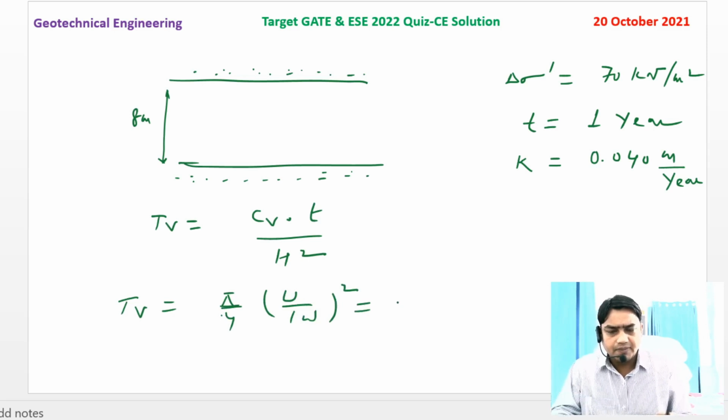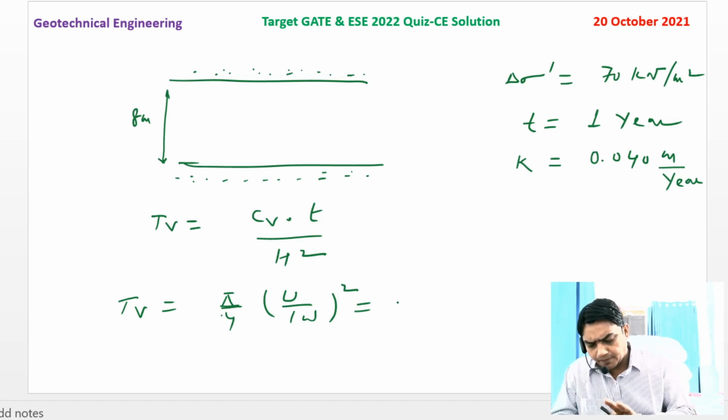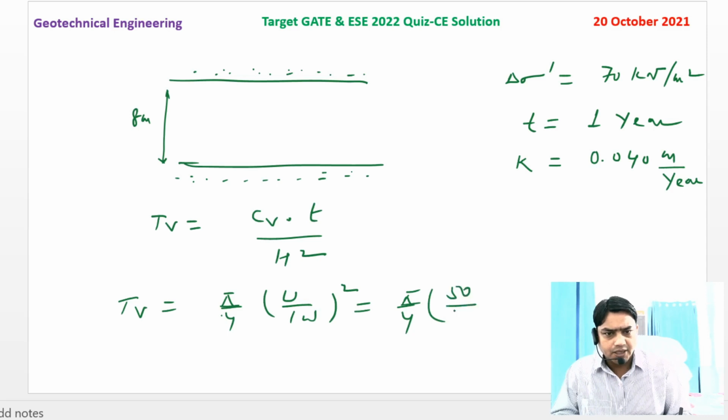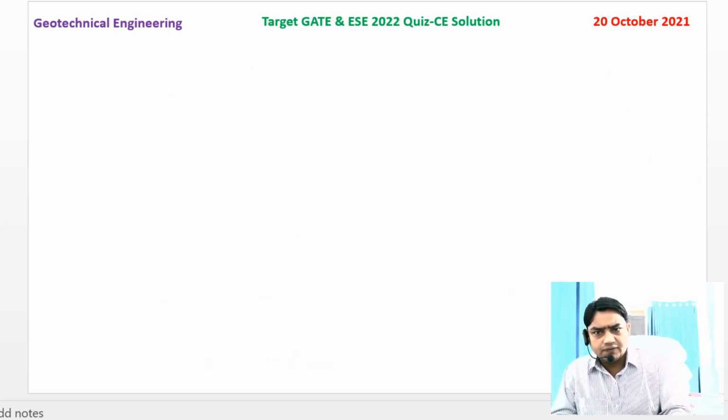So it will be pi by 4 into 50 by 100 square, and this value will be 0.196.